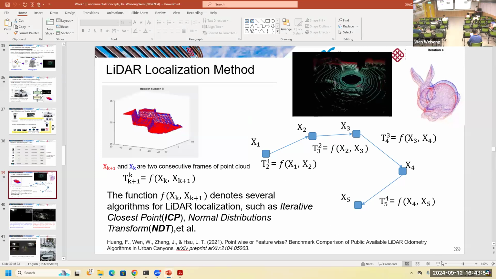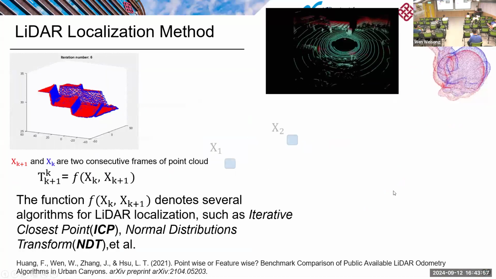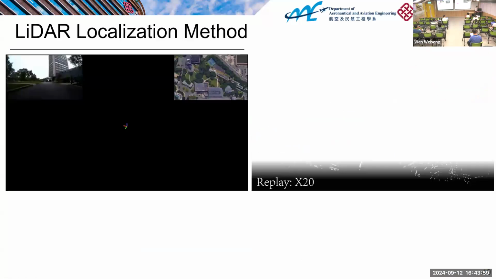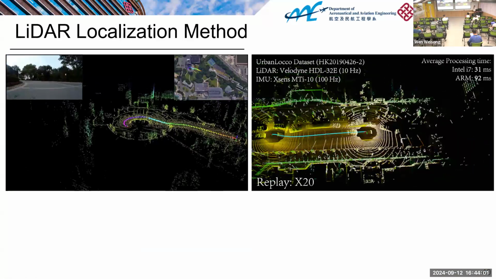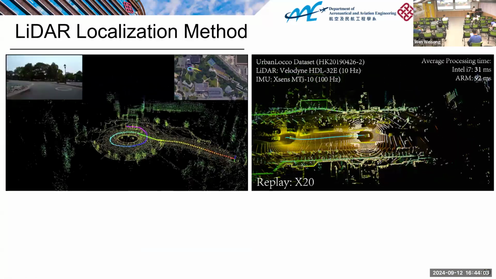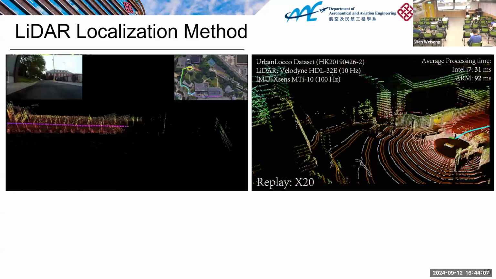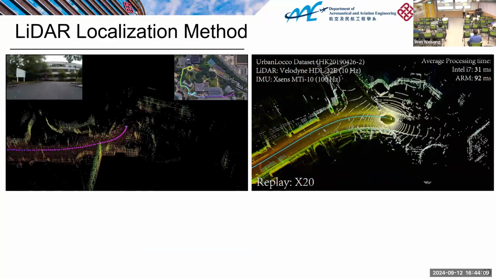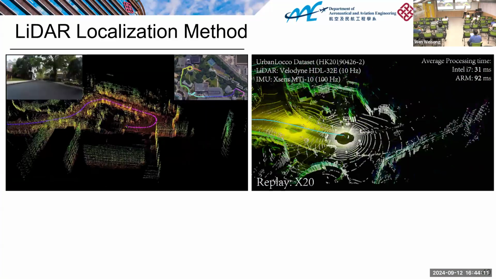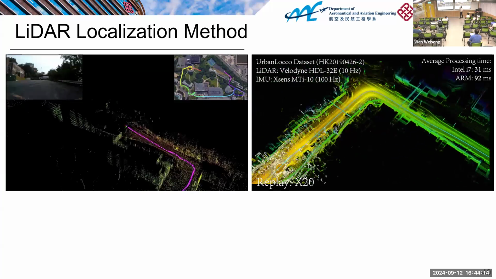So for example, this is an example. If we can infer the trajectory, infer the motion change of the LiDAR from different timestamps, we accumulate these colored dots.